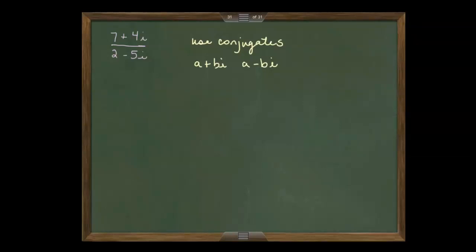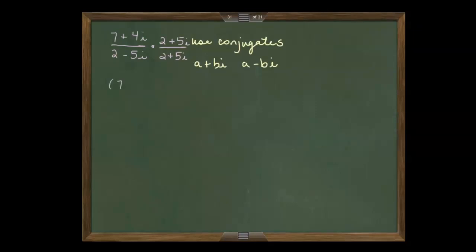So here the conjugate of 2 minus 5i is 2 plus 5i. Okay, so we multiply the denominator and also the numerator by that conjugate. And by doing so, that will allow us to remove the imaginary unit from the denominator.